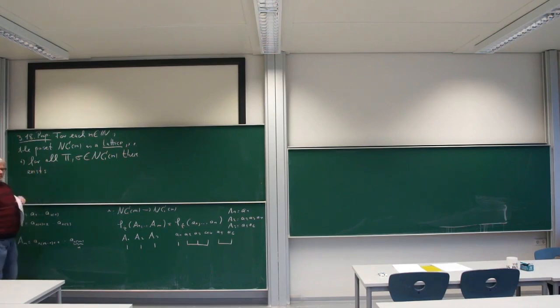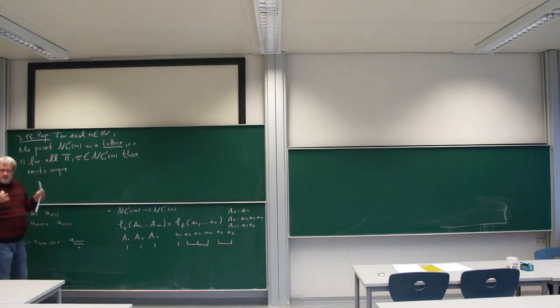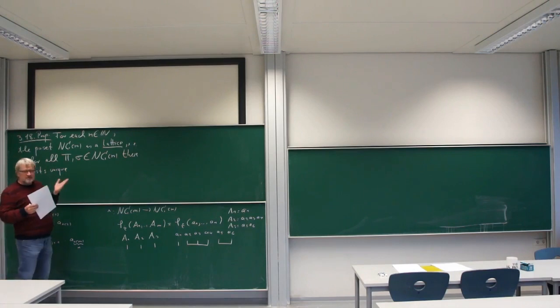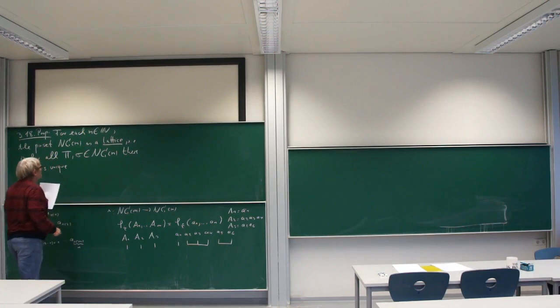And what is a maximum? A maximum should be something which is greater than each of them, but it should be the smallest of those. That such a thing exists and is uniquely determined is a property which is not satisfied by all cosets, but this is what gives it the lattice structure.